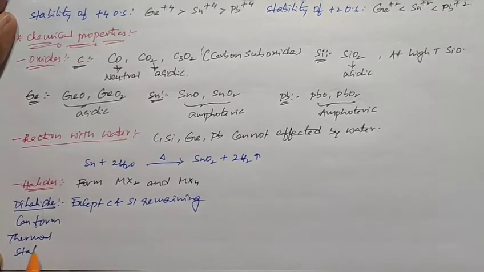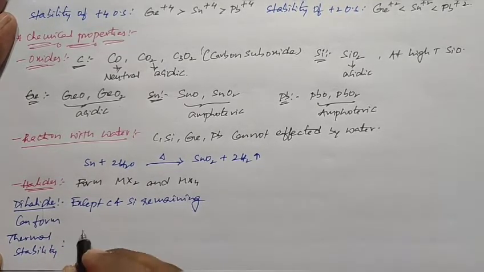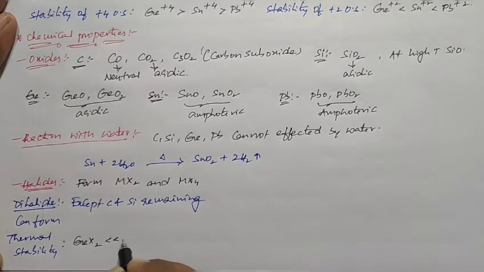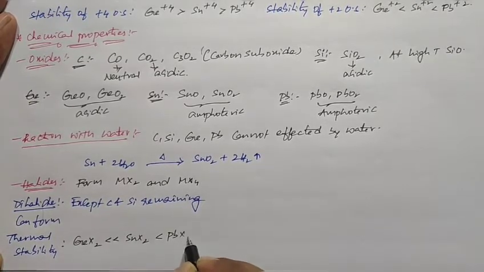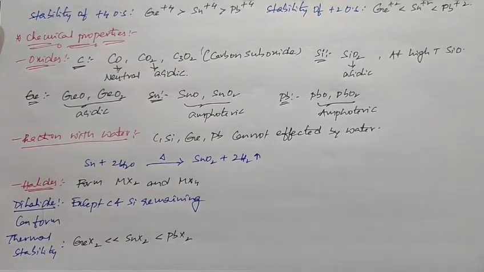In dihalides, germanium dihalides are more stable, tin is less stable, and lead has very low thermal stability. So this is about the dihalides.